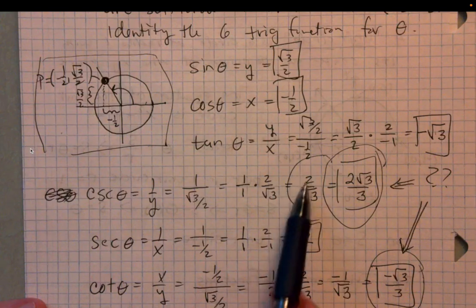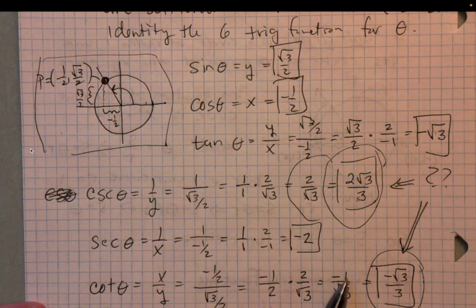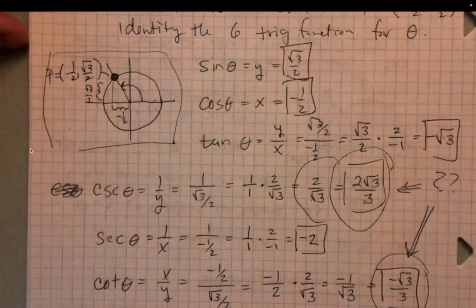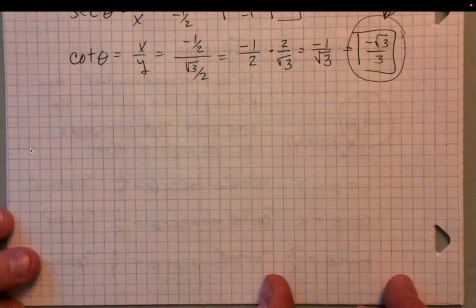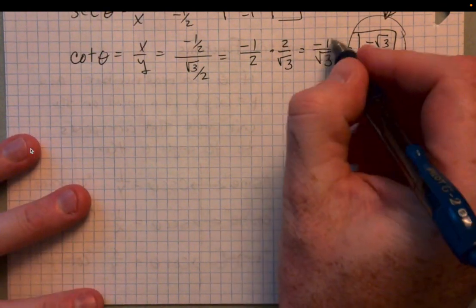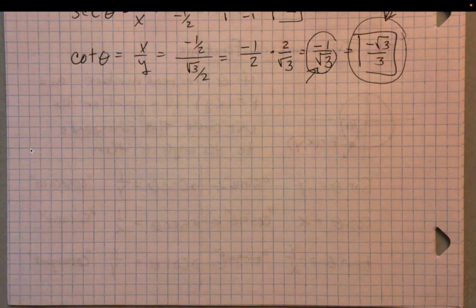How did 2 over the square root of 3 become 2 square root of 3 over 3, and why did it happen? And similarly, why is negative 1 over the square root of 3 equal to negative square root of 3 over 3? This is kind of a preference in mathematics. We don't like to see radicals in the denominator.